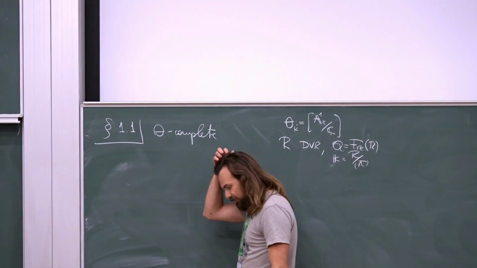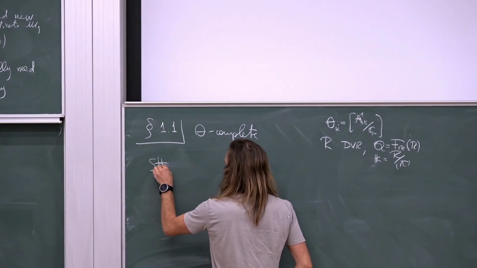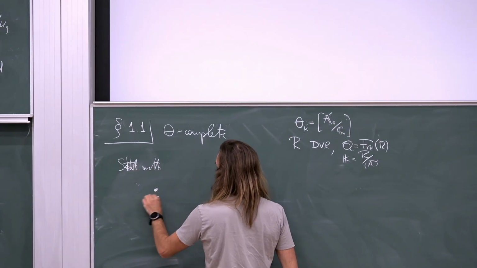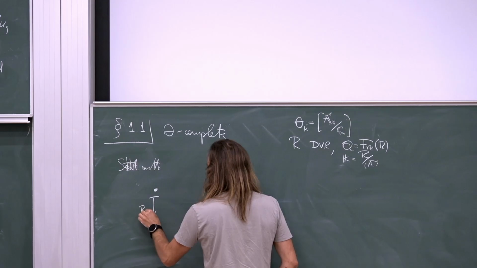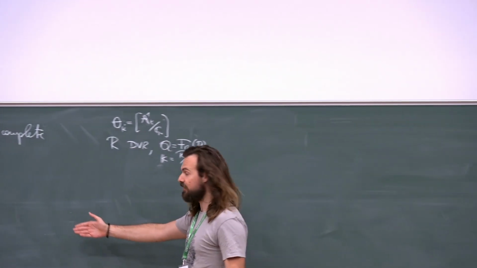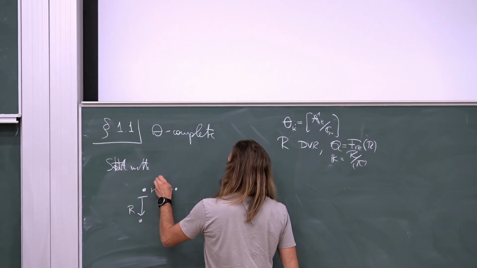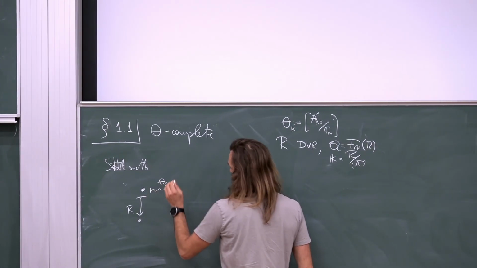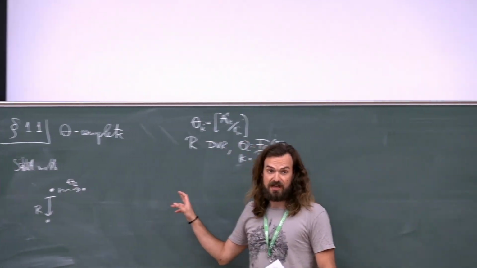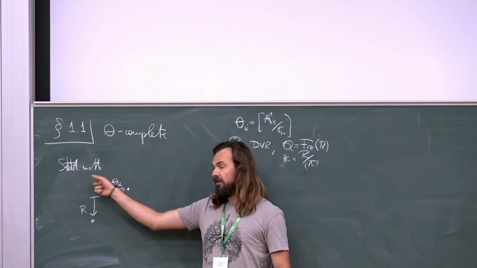So what theta complete means: you start with a diagram inside the stack like this. You start with a degeneration over the DVR, which essentially means a map from Spec R to your stack, and some degeneration for theta Q, which means essentially just a map from theta Q to your stack, with the condition that the generic fiber of theta Q and the generic fiber of R have to coincide.